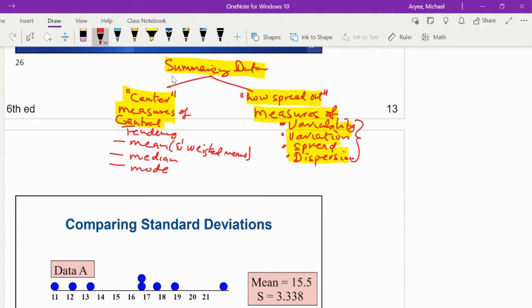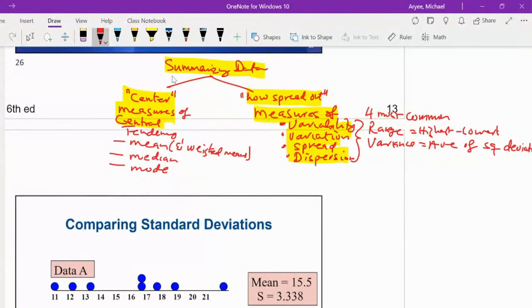Now, we indicated that the four most common measures are the range, which we learned is the highest minus the lowest. We learned about the variance, which is the average of the squared deviations, and then the standard deviation, which we said you can get by taking the square root of the variance.